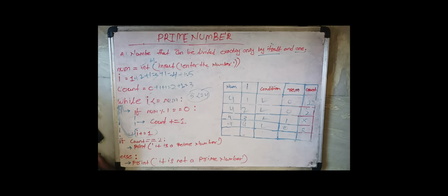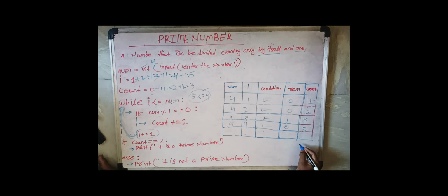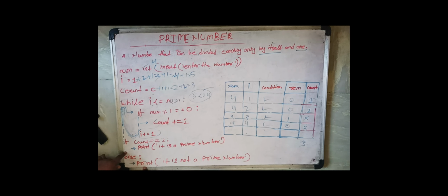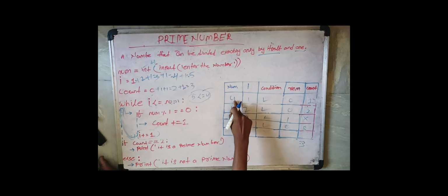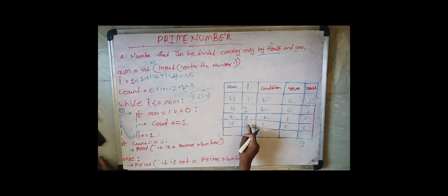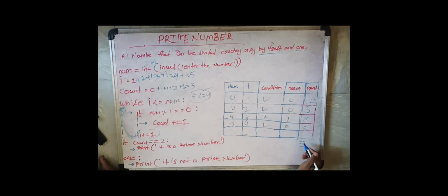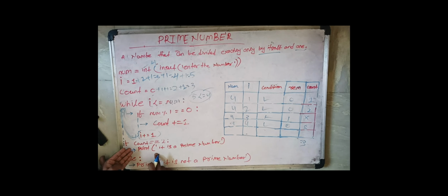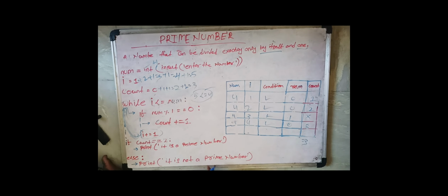Now if count equal to 2, but my count value is 3, so that's why it will go to the else statement block, because 1 divided by 4, 2 divided by 4, and 4 divided by 4, the remainder is 0 three times, so that's why my count value is 3. So the condition is false, then you will check the else statement block, and it will print not a prime number.